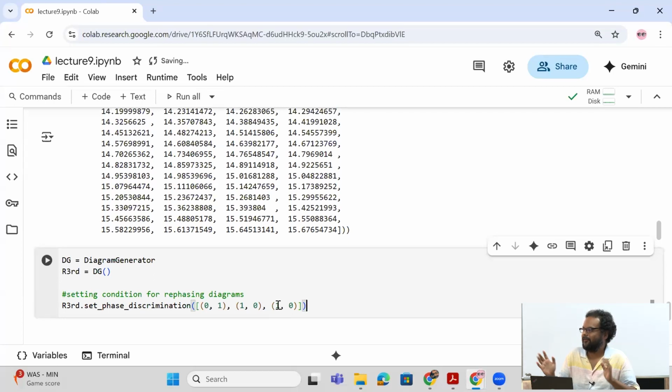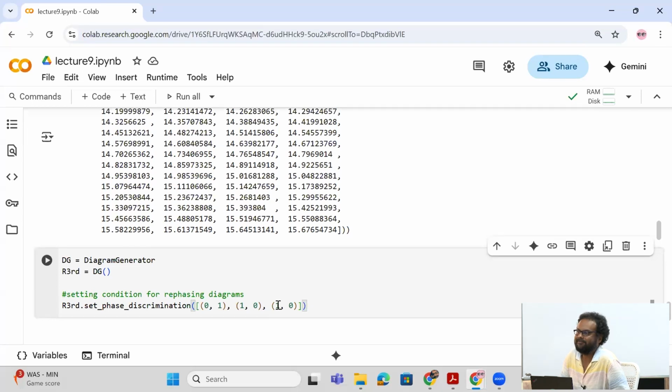It will take care of it. That's a great thing about UFS, it's smart enough that it will figure out all possible patterns. You just need to set this condition, minus k1 plus k2 plus k3, and then it will figure out all possible diagrams.